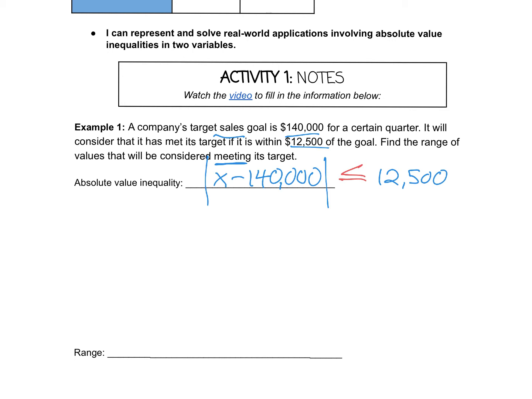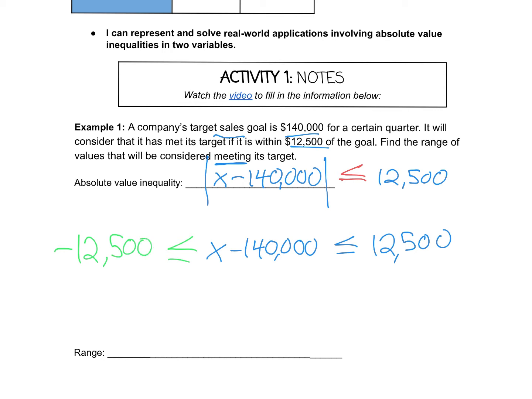And so then, once it's set up, you have to solve it to find the range. Solving an absolute value inequality with less than is going to look like this. You take the inside of the absolute value, x minus 140,000, without the absolute value. We add the right side, less than or equal to 12,500. And then we add on the left the same symbol, but now we put negative 12,500.